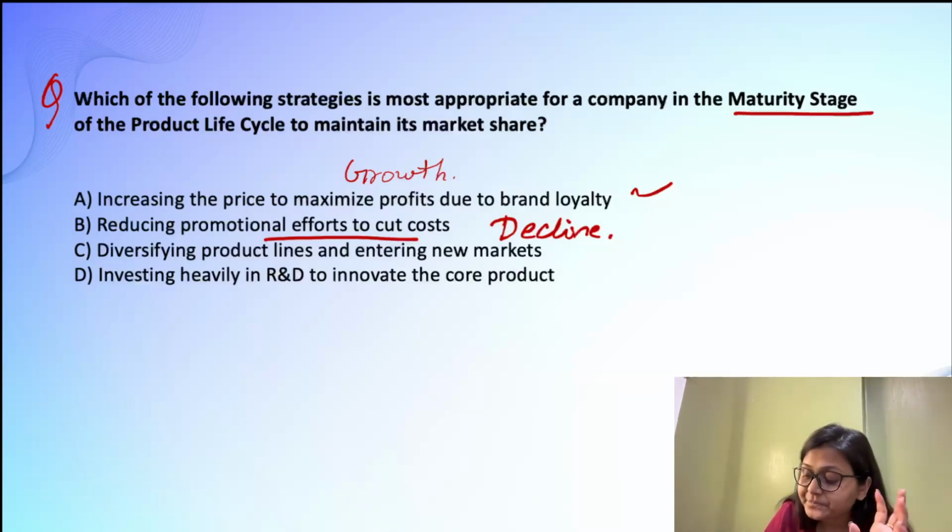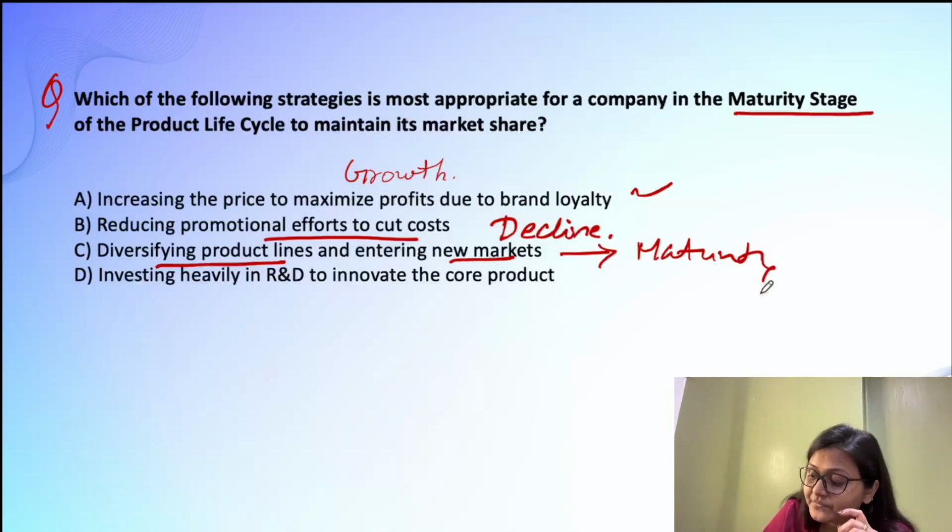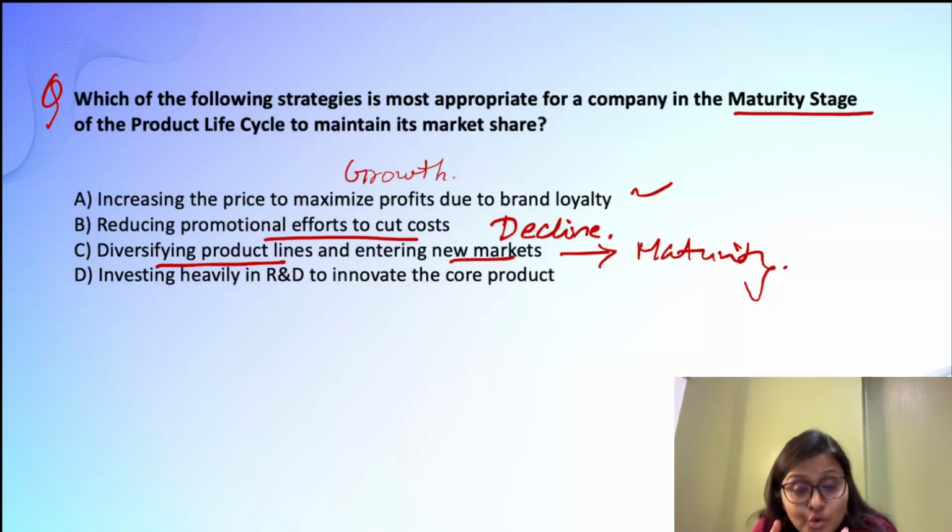Third is diversifying the product line, adding new products into the same product lines and entering into new markets. Yes, this is our answer. This is the maturity stage. There is competition, there is slow growth in the market space.